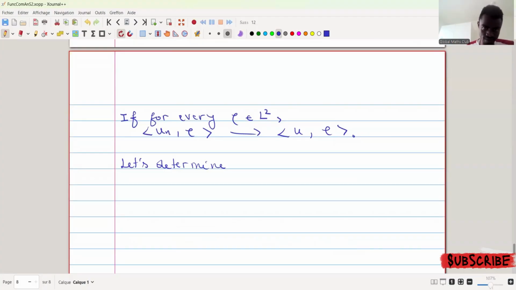let us determine now whether Fn converges weakly in L2.